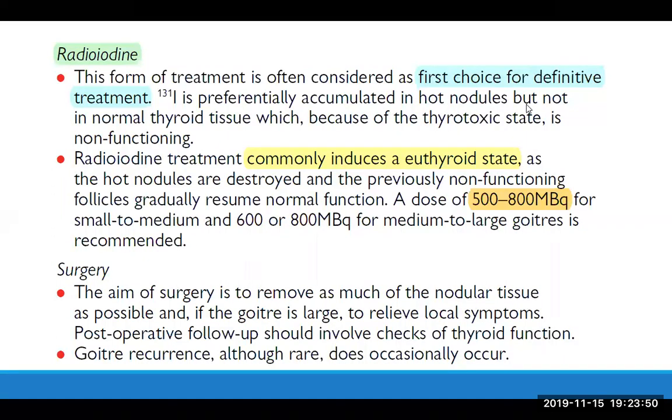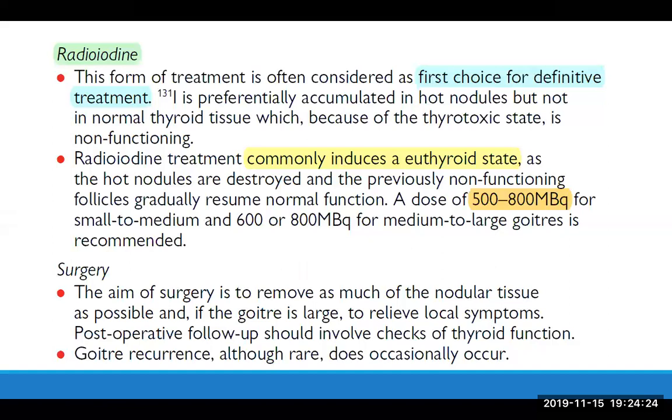Of course, radioactive iodine in most cases induces a euthyroid state, in most cases after 4 to 6 weeks. And if you decide that your patient is still hyperthyroid, the next dose of radioactive iodine should be not less than 6 months later. This is also a repeated question in the SE and European Board. The second dose should be not less than 6 months after the first dose.